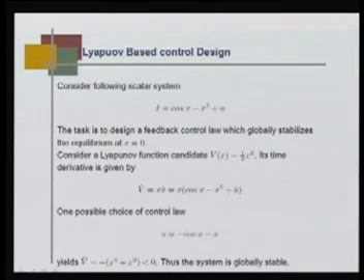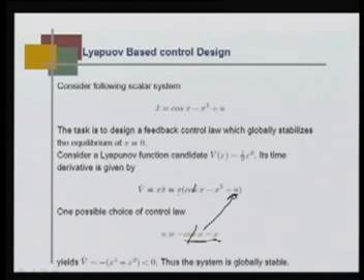If I select u to be minus cos x minus x, you get V dot is minus x to the power 4 plus x square. You can easily see that the cos x term cancels out, and inside we have minus x cube minus x, and multiplying by x outside, you get minus x to the power 4 minus x squared.